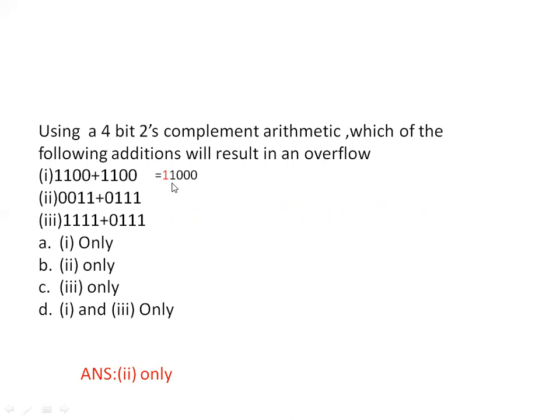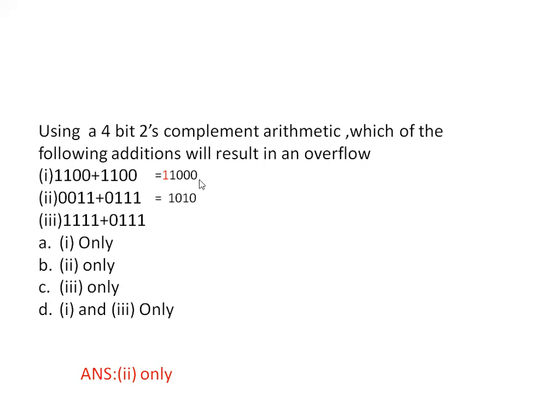The sign bit of the result is 1, so it is a negative number. If two negative numbers are added, it should generate a negative result. So it is correct. The sign of the result is 1, which is negative.